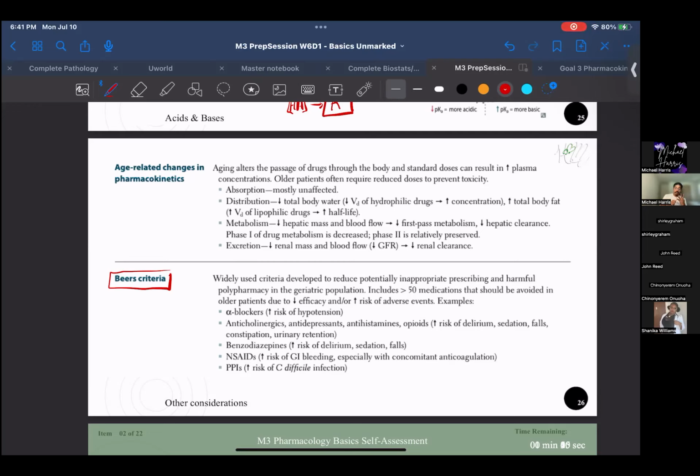These are the 4 things you want to minimize as an elderly individual. Because when you're elderly, you have multiple drugs, and with multiple drugs, it's hard to manage what drugs to remove. That's why they came up with this thing known as the Beers criteria.